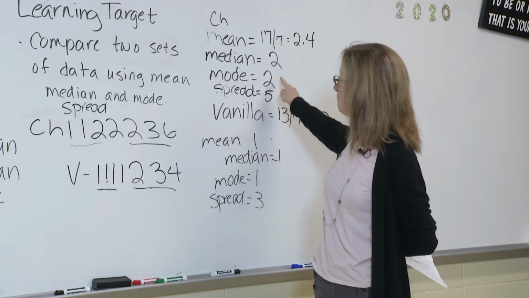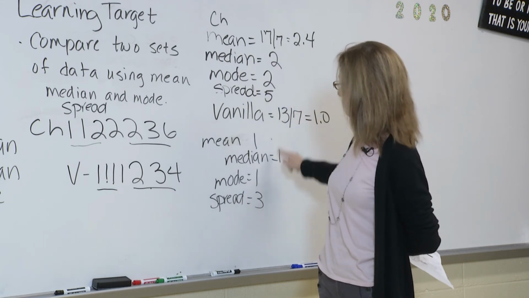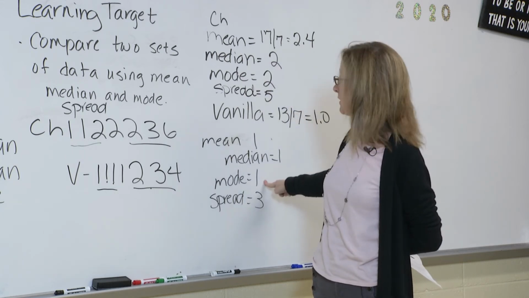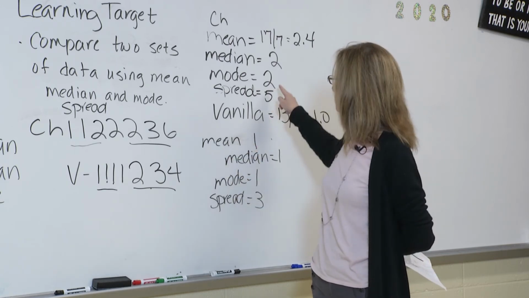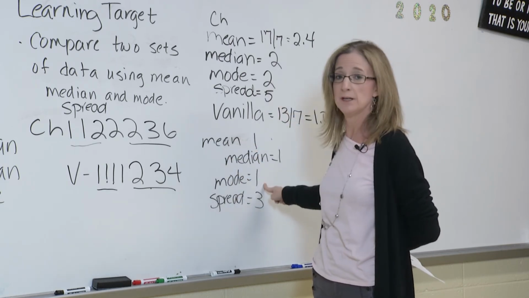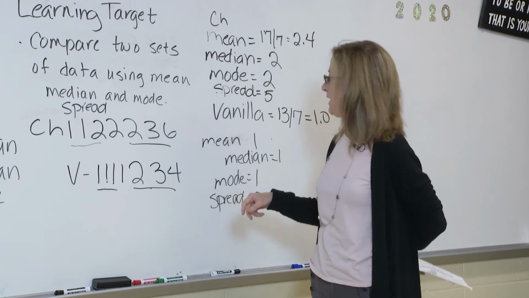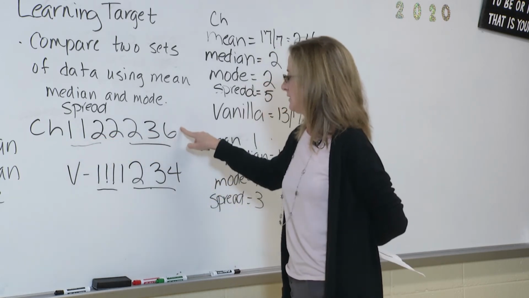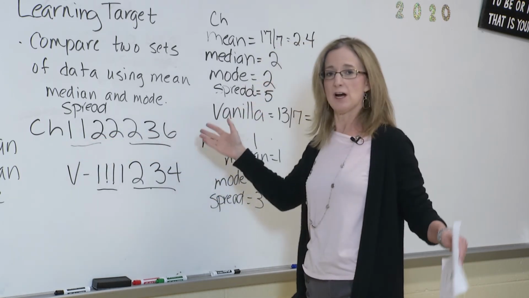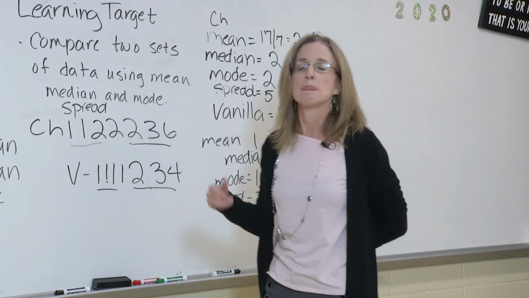If I look at the median, the number in the middle, 2 versus 1. If I look at the mode, the number that occurs more frequently, 2 versus 1. So I'm selling more chocolate, but the spread, I have 1 gallon of chocolate and 6 gallons of chocolate, so there's 5. There's a greater spread there, and there's less of a spread of vanilla.